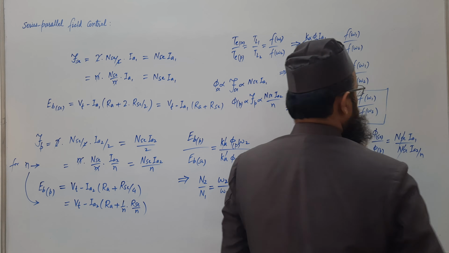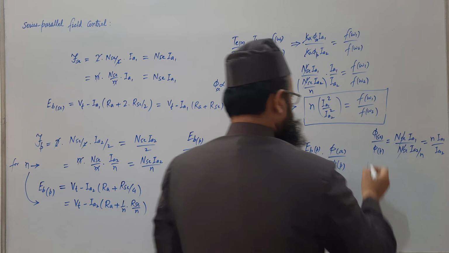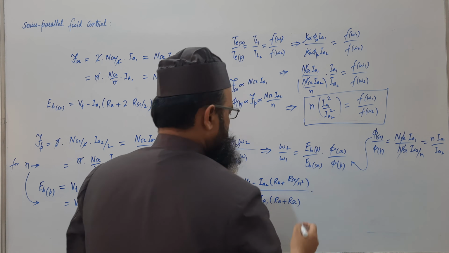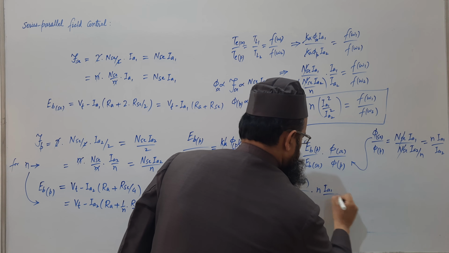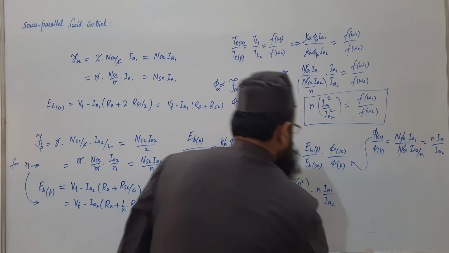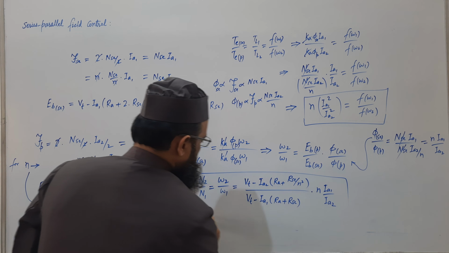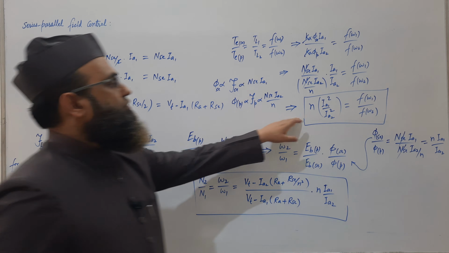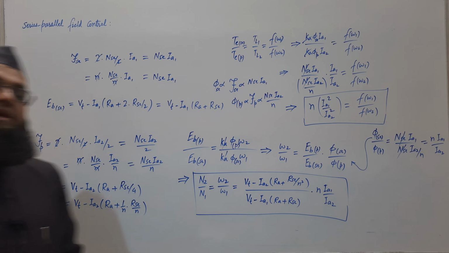NSE will get cancelled, so this will be n times IA1 by IA2. Substitute this here, so we will get times n IA1 by IA2. So using this important equation, apart from the earlier equation, I think all the problems can be easily solved.